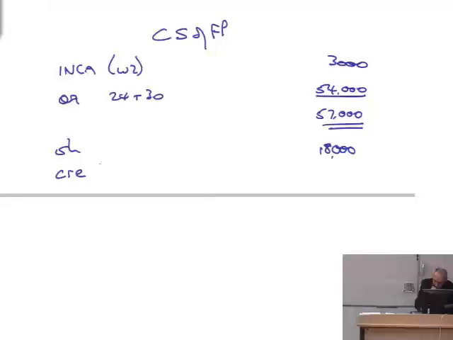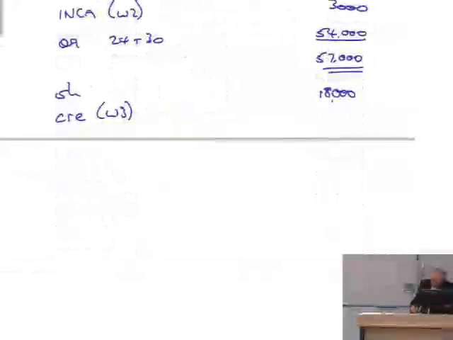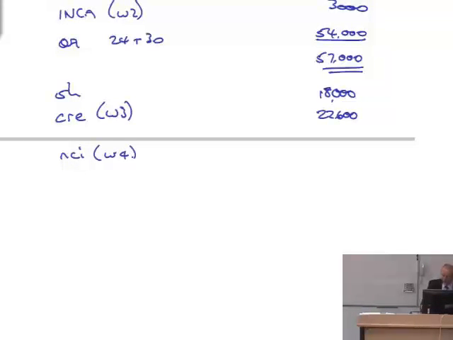Consolidated retained earnings, that's in working 3, and I think we got that to, what was it, 22.6? The next line is the NCI. They are providers of capital, they're part of equity. The NCI are part of equity, it's not us, but they are shareholders.